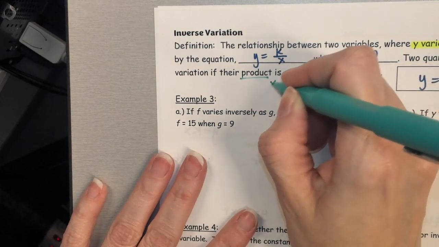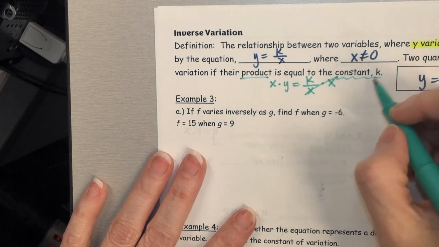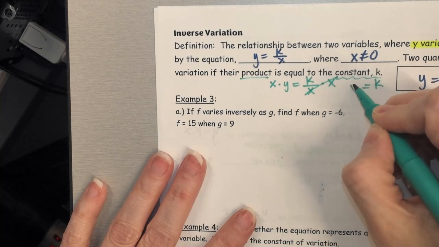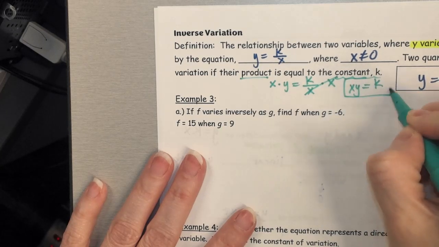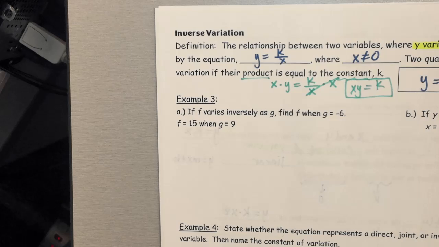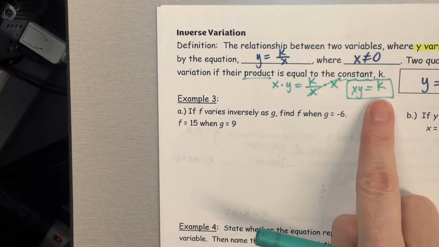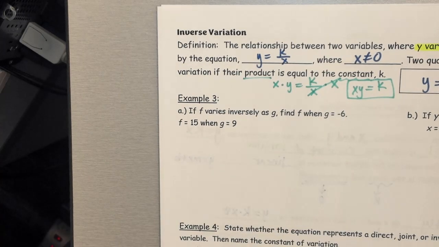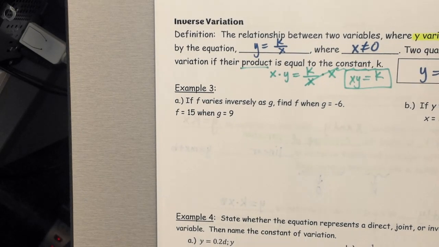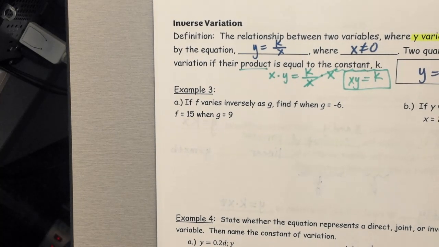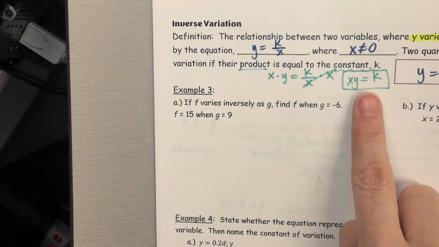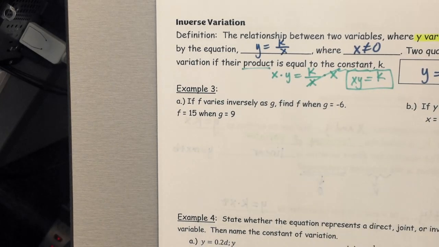So if we multiply both sides by x, you end up with k is equal to x times y. Okay, so what this is saying is if you multiply those 2 variables together and it's equal to k, it's direct variation. Or sorry, inverse variation is what I meant to say. So if you multiply those together, that would be inverse variation.